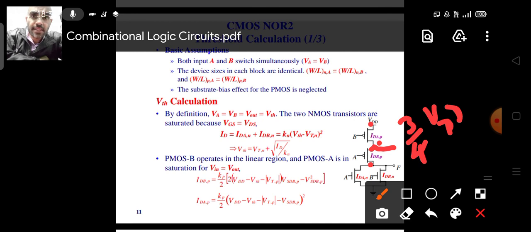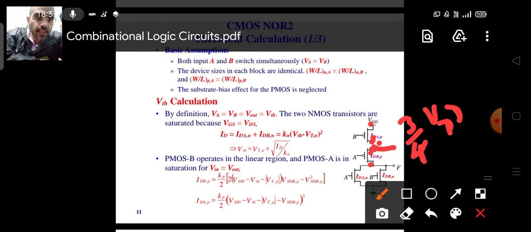So I have assumed that half is dropping across this and half of the voltage gets dropped across the lower one. Now again we will use the same logic. This middle point is at 3/4 of VDD, and your A is at VDD by 2.